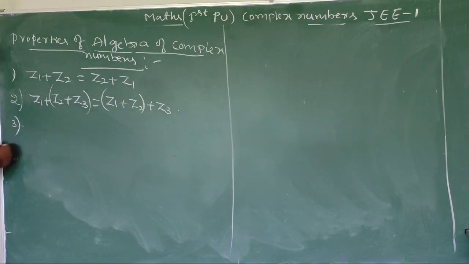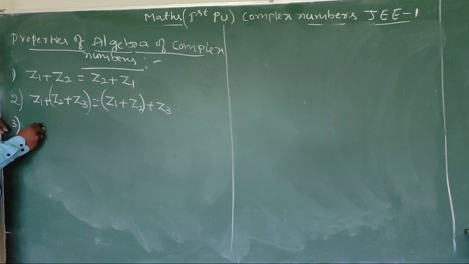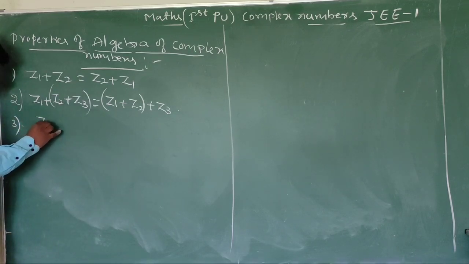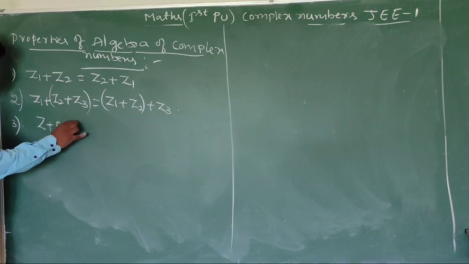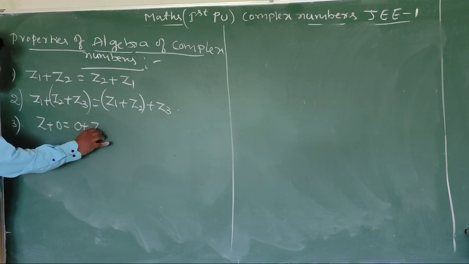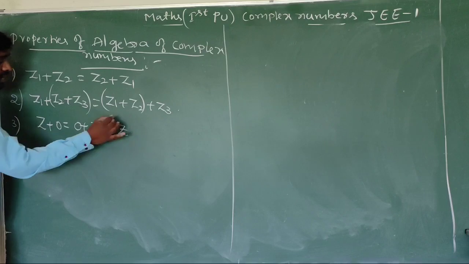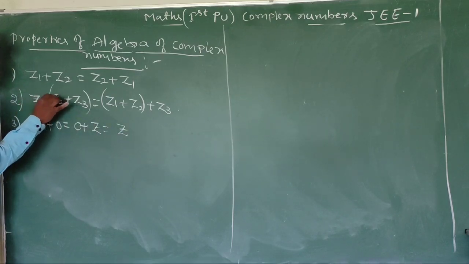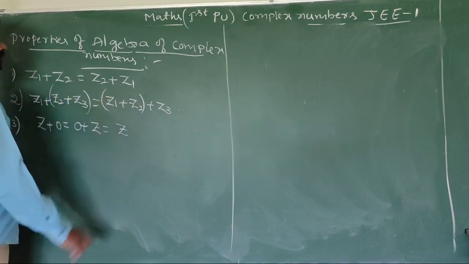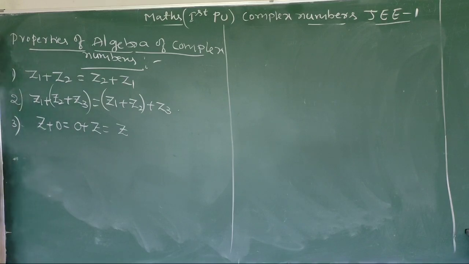Next, third one, identity element. Here the identity element of addition is 0, that is z plus 0 is equal to 0 plus z is equal to z. Okay, z plus 0 is equal to 0 plus z is equal to z.